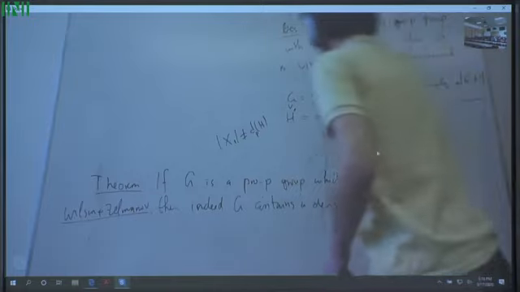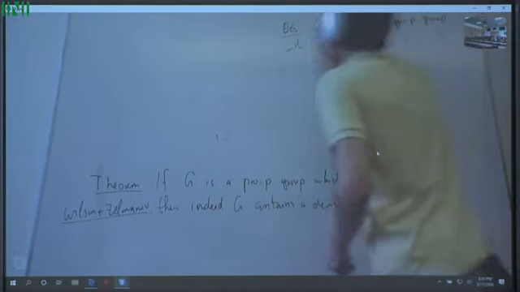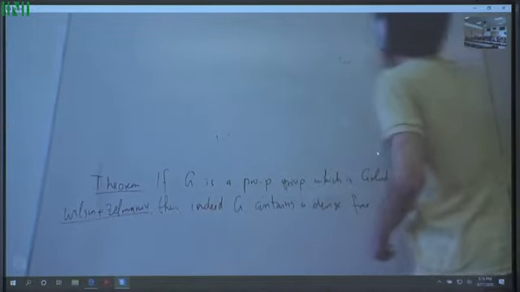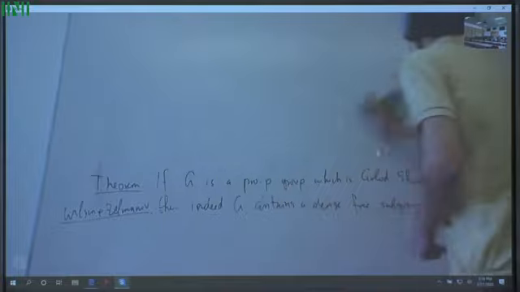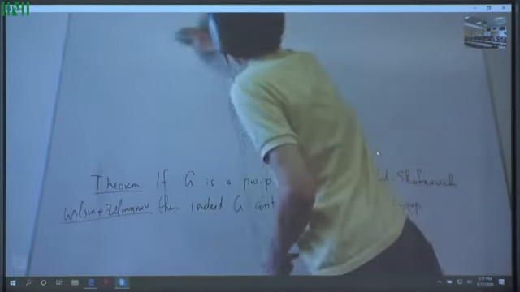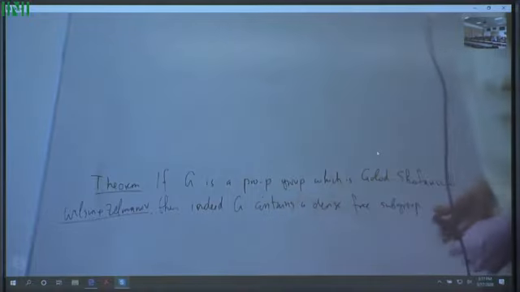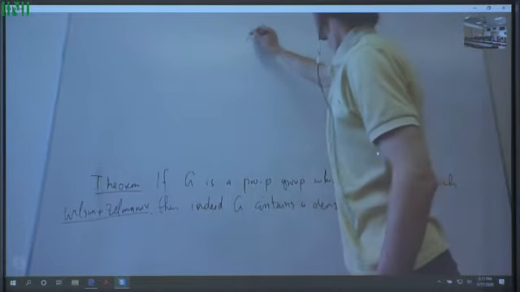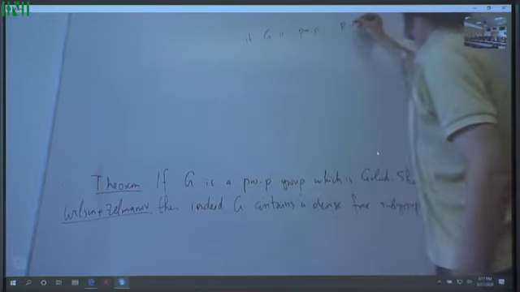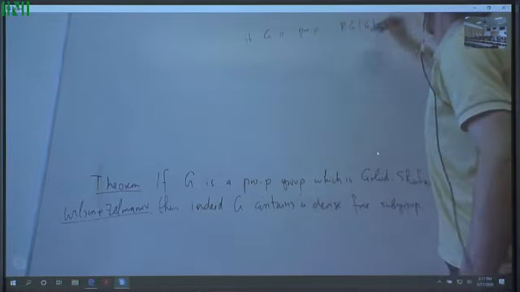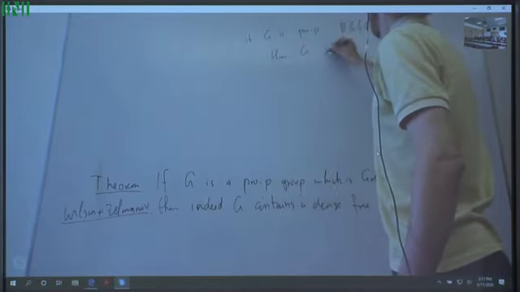So to prove the result in full generality, I tried a lot of things first. You can get quite far with elementary methods. For example, in a completely elementary way, you can prove that if G is pro-p with rank gradient of G positive, then G does not satisfy an identity.